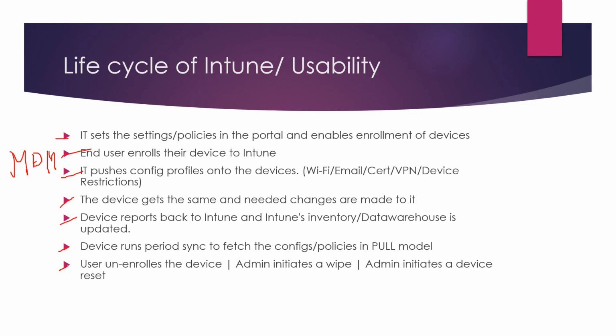Then the device will keep on running sync every 6 to 8 hours and fetch the latest policies from the Intune service in a pull model. And then if the user decides to unenroll the device, or if the Intune admin decides to unenroll the device or initiate a wipe, then all the corporate related data is removed.